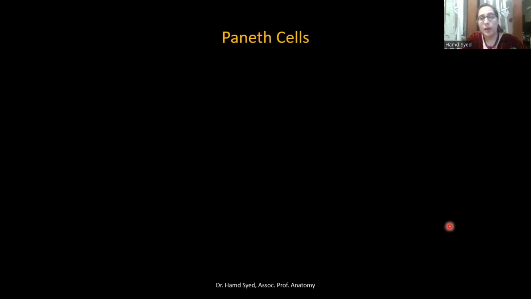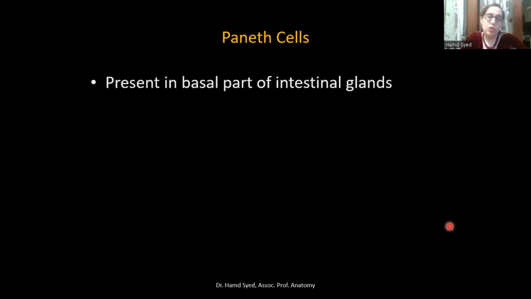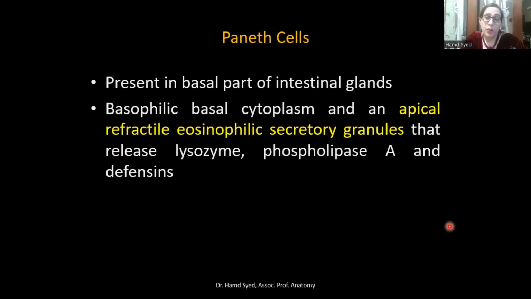Now, the other cell type which you should know about when we're talking about the small intestine specifically are the Paneth cells. This is a cell population which is present in the basal part of the intestinal glands. And when we look at the tissue slides stained with hematoxylin and eosin, we can see that the Paneth cells present a basophilic basal cytoplasm, but apical, refractile, eosinophilic secretory granules are present that are the source of identification of the Paneth cells.